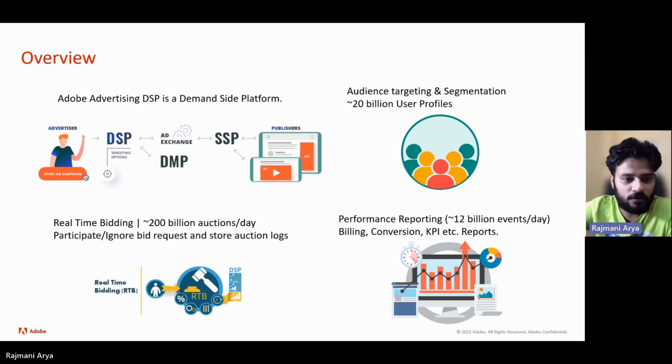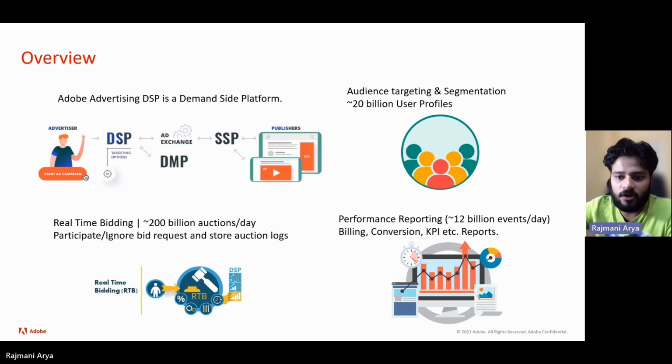And next, I'll talk about performance reporting. So the platform offers robust reporting and analytics capabilities. Advertisers can access comprehensive insight into their campaigns, including impressions, clicks, conversions, and other KPIs. So this data helps us in evaluating the effectiveness of the campaign and making informed decisions for further optimizations.